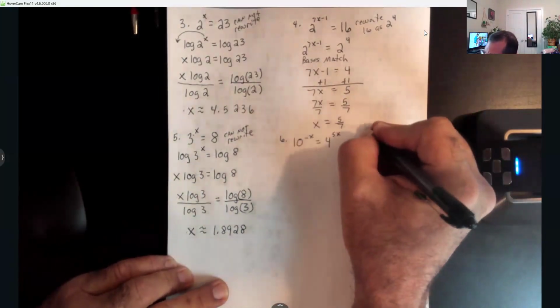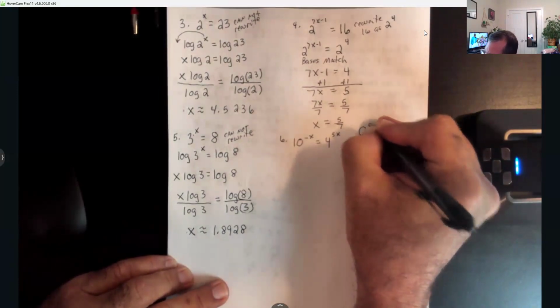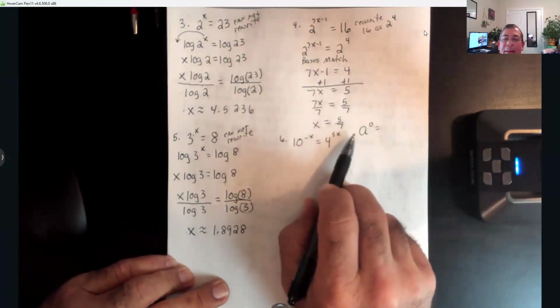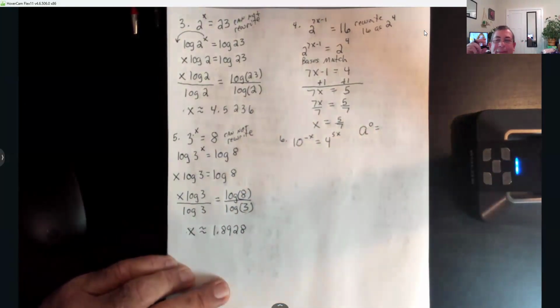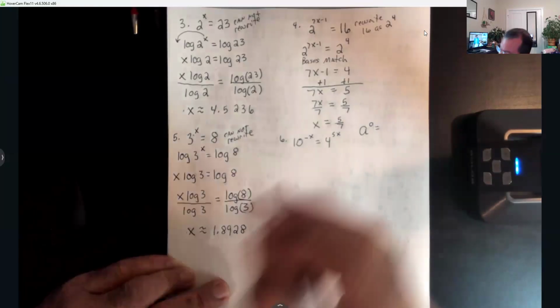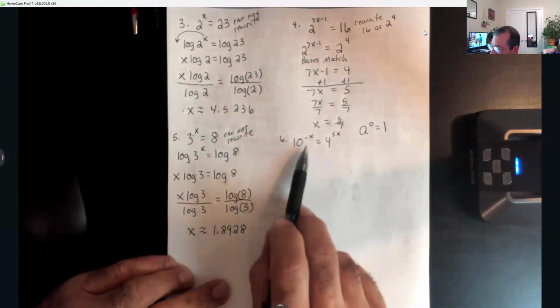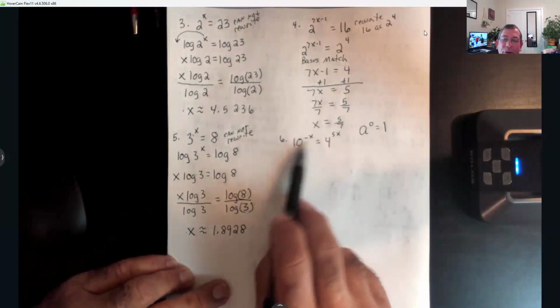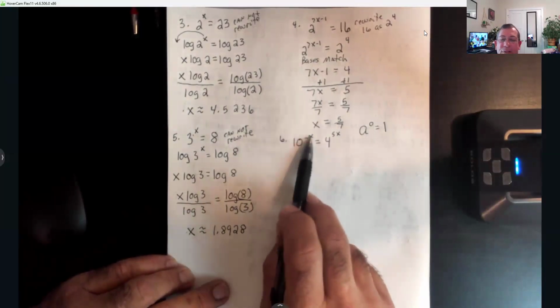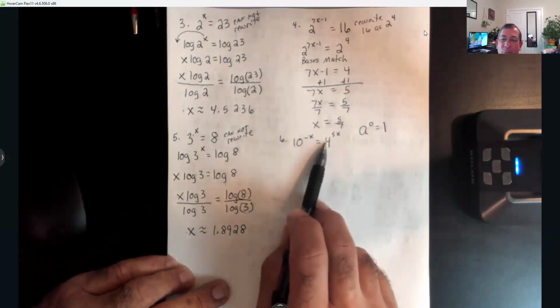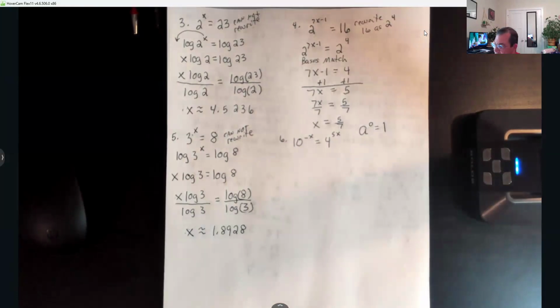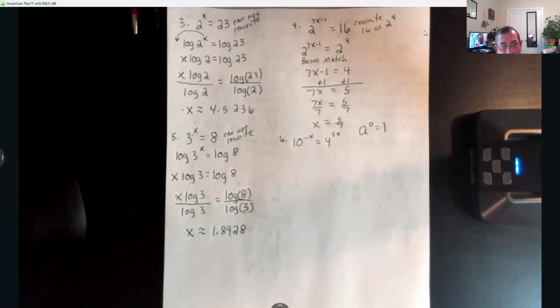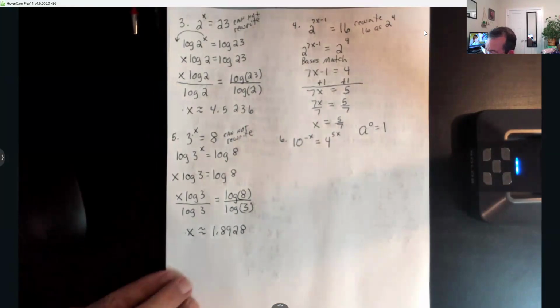And y'all remember this one. Anything to the 0 exponent equals what? Equals 1, y'all. So that's the only answer I can possibly put on these two numbers, right? 10 to the 0 equals 1, 4 to the 0 equals 1. So that means when I'm done, we're probably going to get a 0 on this one.